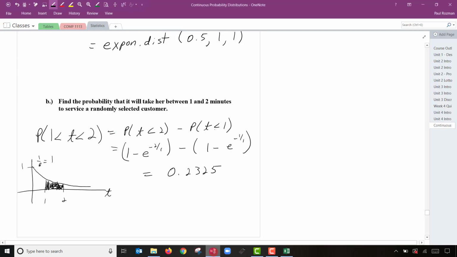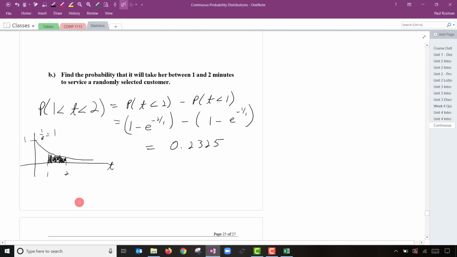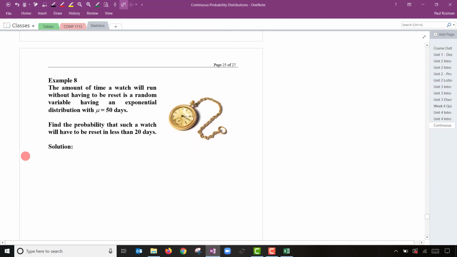Another example here, which is another exponential one. We have a watch. It needs to be reset on average every 50 days. So it's an old pocket watch, and you have to wind the thing up every 50 days. Find the probability that such a watch will have to be reset in under 20 days.